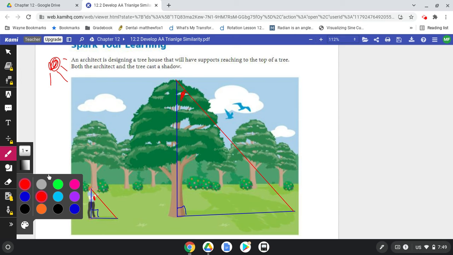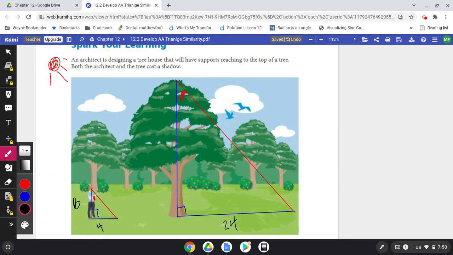Now, I'm just going to make up some numbers. Say that he was 6 feet tall, and his shadow was 4 feet long, and then we measure the tree's shadow, and say it was 24 feet long.